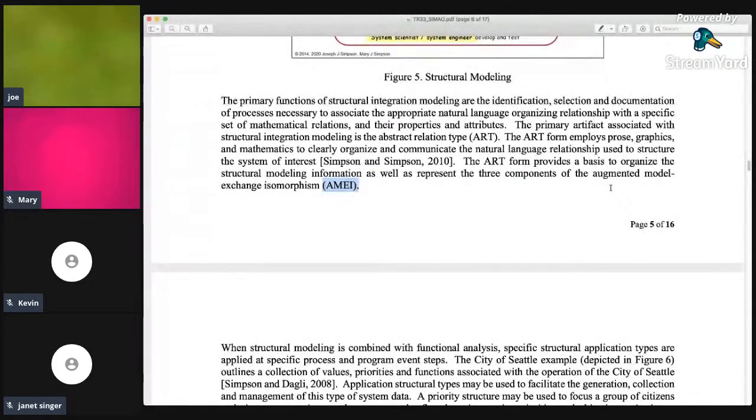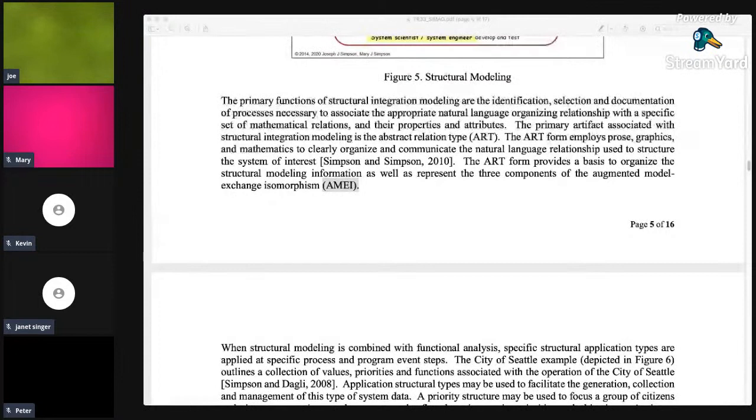The application structural types are just patterns of structure that came out of specific areas when they were doing these activities and events for the interpretive structural modeling. So they noticed these patterns, started looking at them, and gave them a name. And we further refined not only the name of this pattern, but we also assigned a logical structure to them.